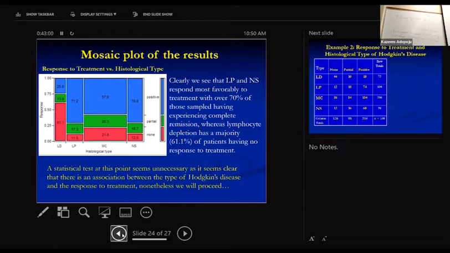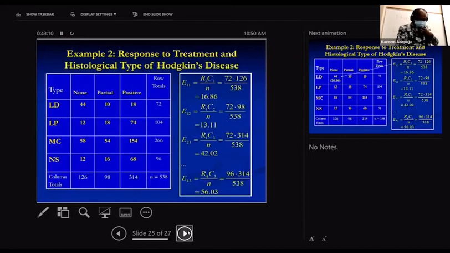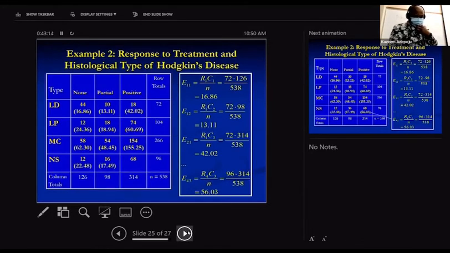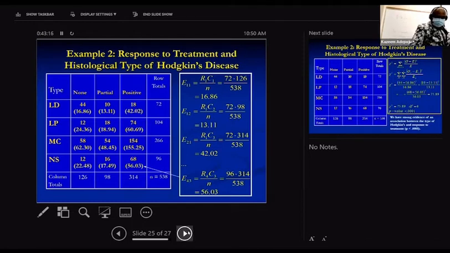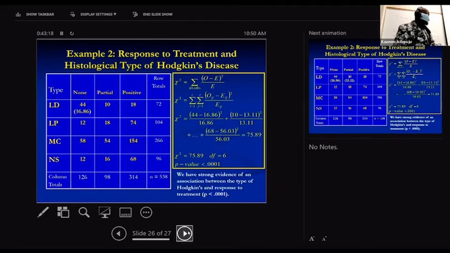Look at that. That's all you can see here. Over 70%. So what is the takeaway from this research now? The takeaway from this research is that the response to treatment of patients depends on the type of disease. That is a takeaway. Okay?